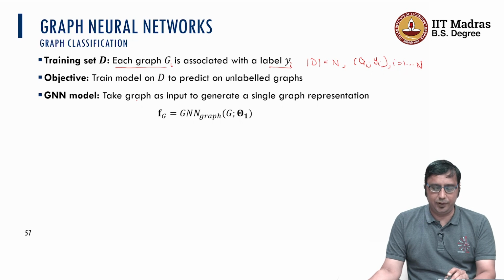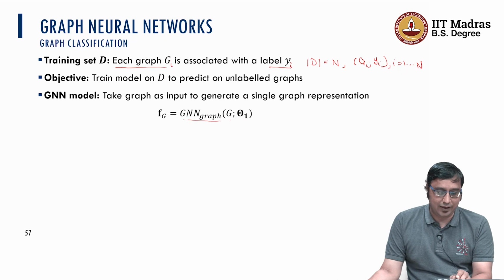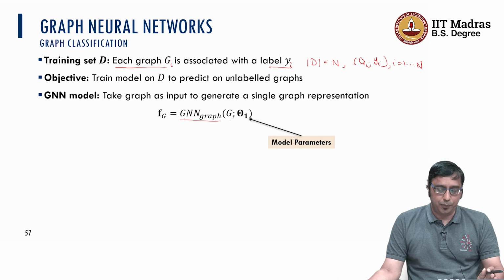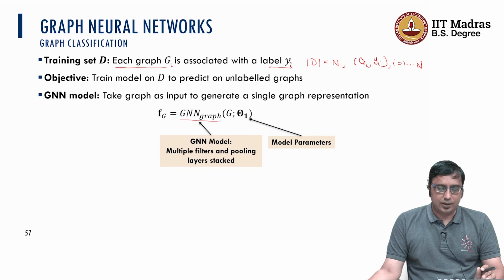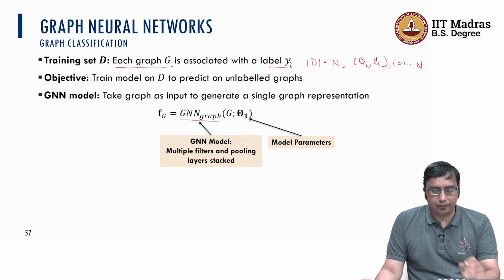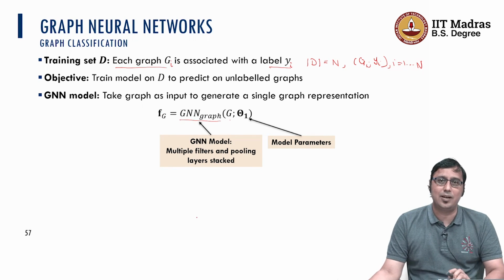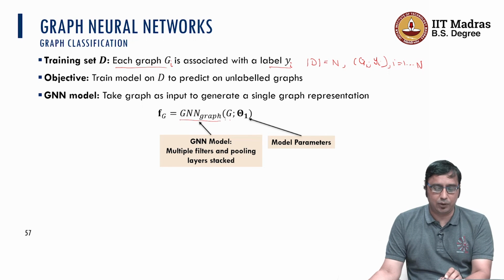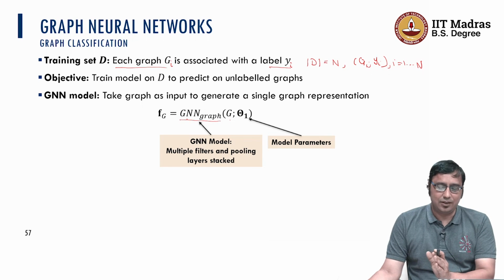So we take the graph as the input and apply the GNN graph, which is a set of filters and pooling layers stacked together, and ultimately it will generate a feature for a particular G when we pass this G through this GNN graph.